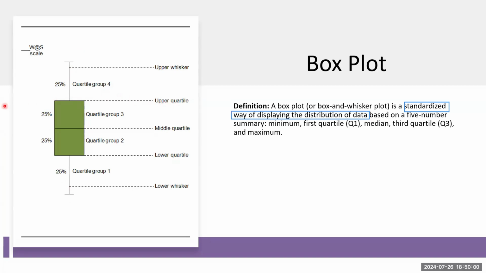So 75% of the scores fall below the upper quartile. This is the upper quartile here, and we are saying that 75% of the class scores fell below this, because 25, 25, 25, that is 75.